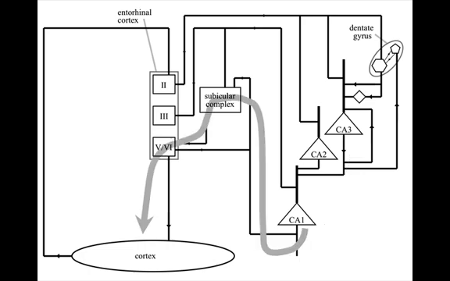From CA1, the selections are mapped back to the cortex through the subicular complex and the deep layers of the entorhinal cortex. So activity in the subicular complex corresponds with rather more specific groups of cortical columns, and in the entorhinal cortex, yet more specific.